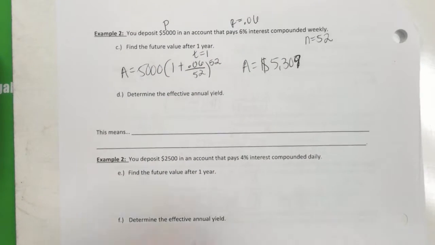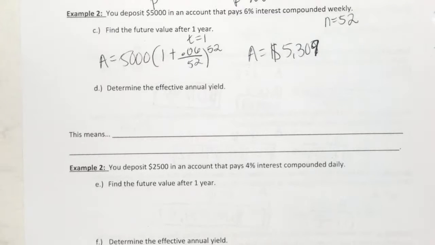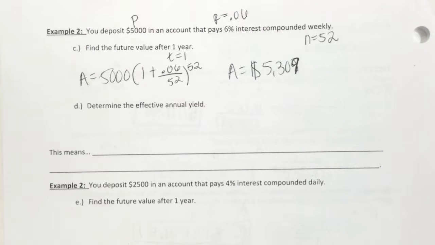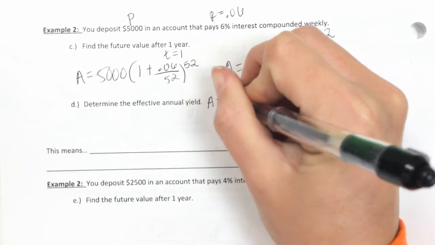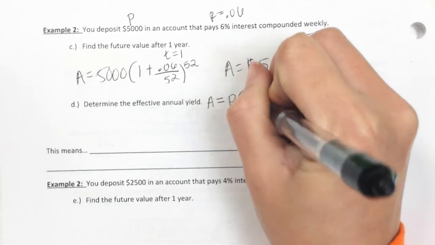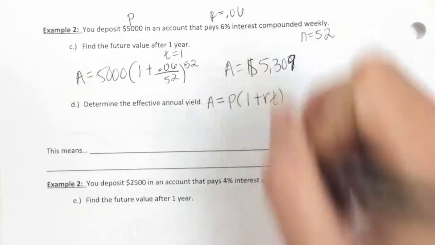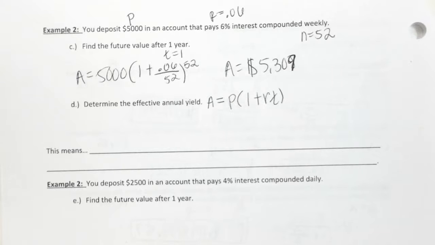And now to determine the effective annual yield, we will plug it into our formula, which was A equals, and I'm just going to write this out so you won't have to keep flipping back in your notes, P times 1 plus RT. So we're trying to find the effective annual yield, or the simple interest rate.